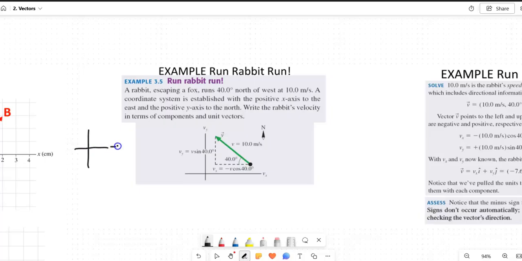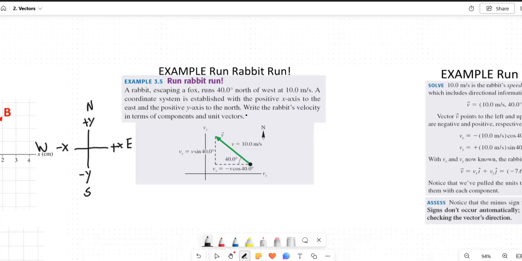If this is positive x, positive y, negative x, and negative y, north, never eat sour watermelons. Okay, so this north of west vector is pointing up and to the left, as described by this green vector, and it's at 10 meters per second at an angle of 40 degrees. And so what they want you to do is write the rabbit's velocity in terms of its components and unit vectors.